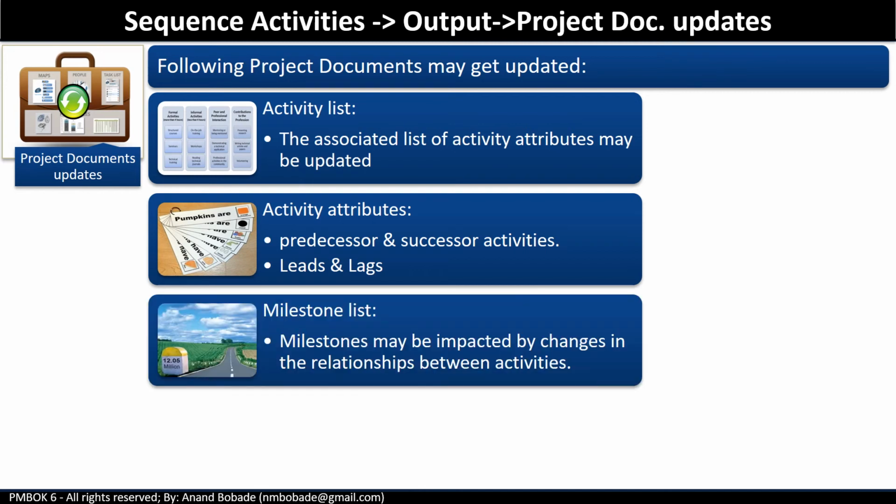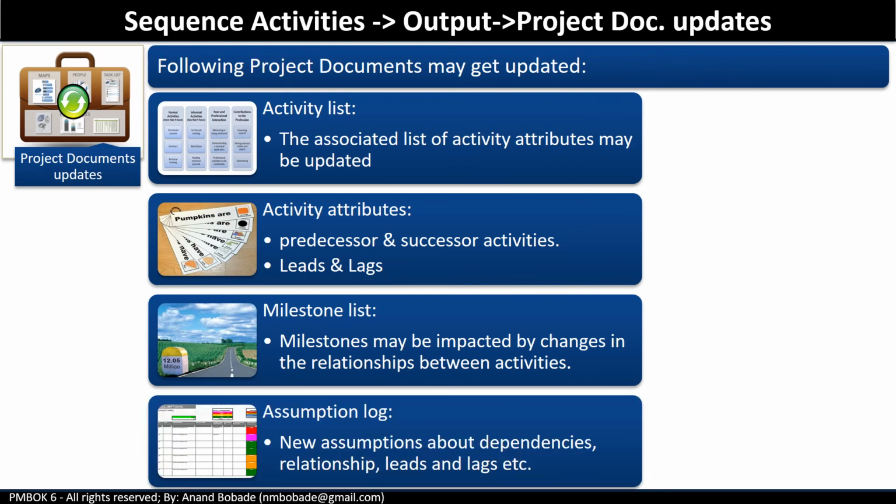Milestone list. Milestones on the project may be impacted by changes in relationships between activities identified during this process. Of course, whenever you discover new relationships, this will definitely impact some of the milestones that have been agreed earlier on the project.